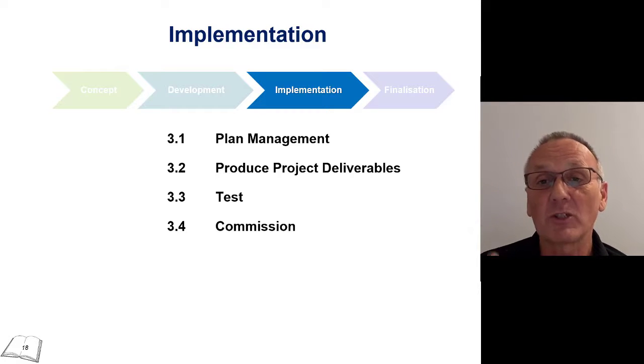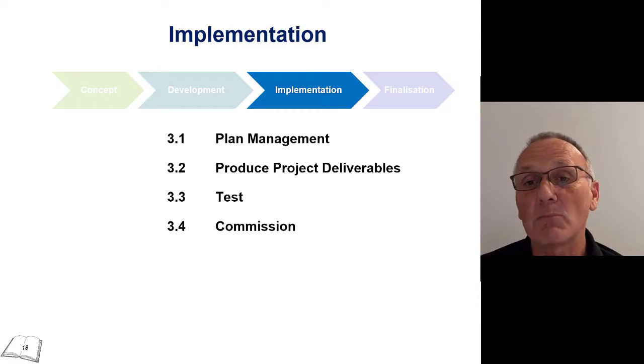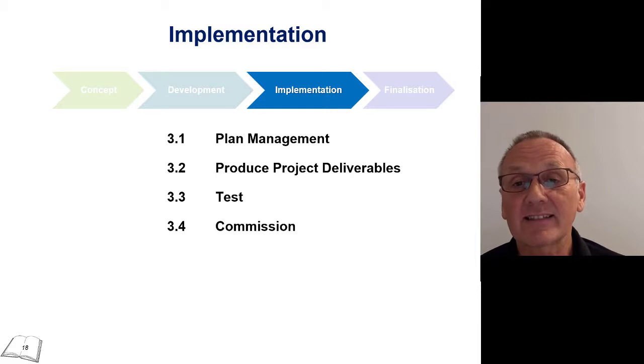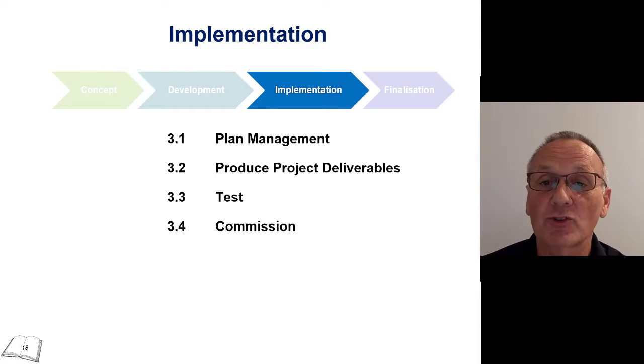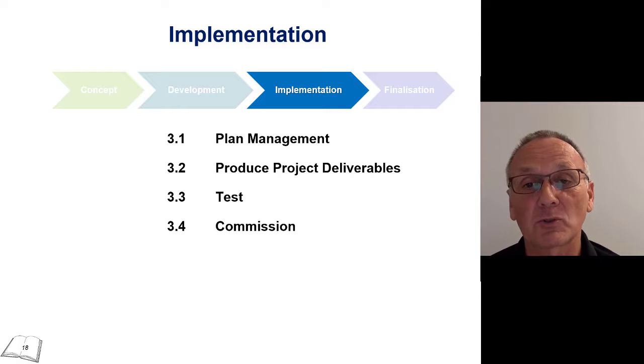With each day that we turn up to the project, we understand more about the project. Therefore, we can feed that information back into the project management plan and improve it to get better, more efficient and effective outcomes as a result of delivering this particular project. So that is plan management, and it is done at the same time that the technical resources are producing the project deliverables.